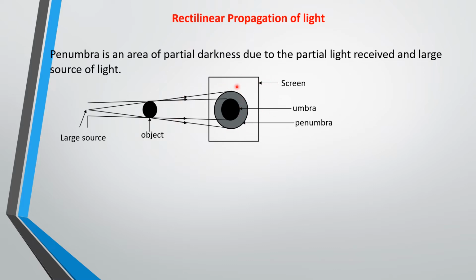Okay, one beauty about light wave is your ability to draw ray diagrams. So if you don't know how to draw ray diagrams, I will encourage you to start to practice, because there are times that you might not be able to explain a point very clearly, but you can use just your diagram to explain it. So if somebody asks me to explain what is umbra and what is penumbra, and I cannot explain it clearly, I can use this ray diagram to explain it. I will just draw it and say this is the umbra and this is the penumbra.